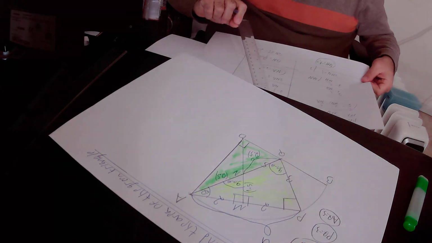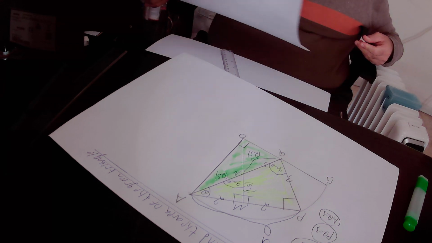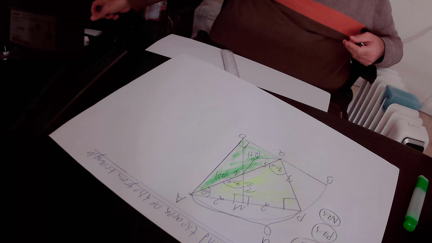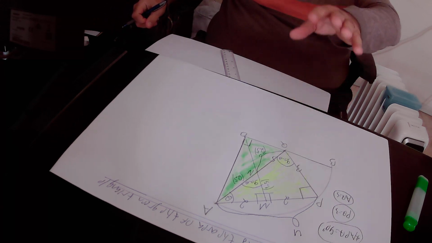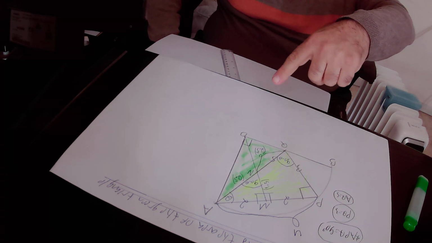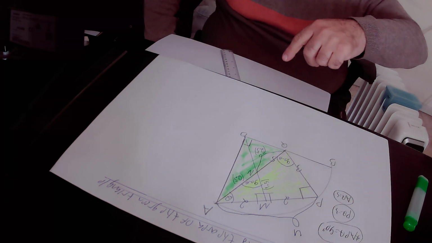We know that any triangle can be blocked by a circle. I repeat again, any triangle can be blocked by a circle. Therefore, we will block the right green triangle AOQ by a circle.